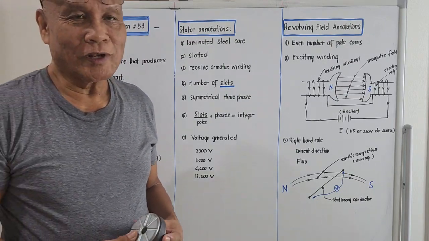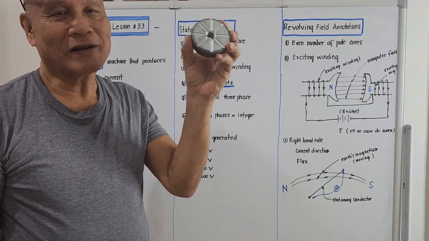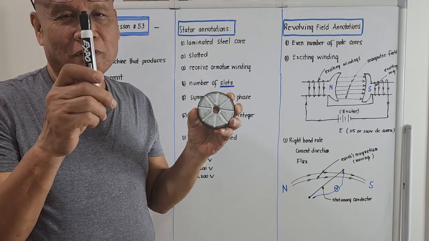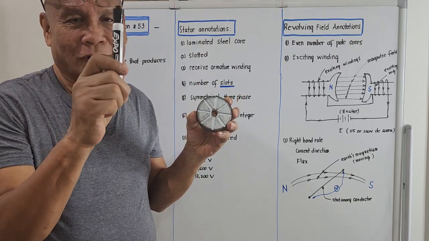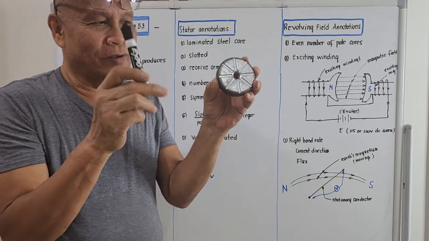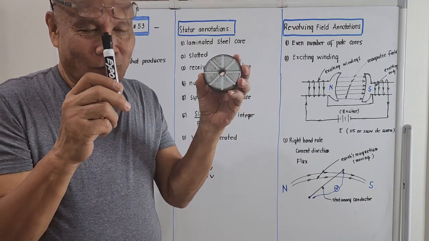In summary, we should have magnetism or a magnetic field, and the other requirement is that we must have a conductor.